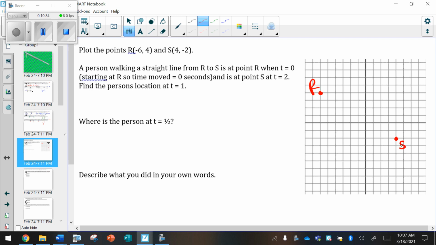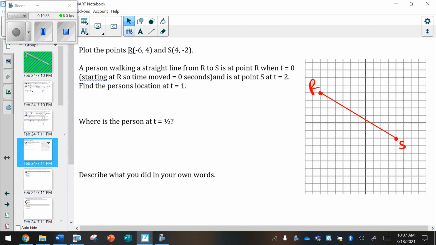A person walking in a straight line from R towards S is at point R when time is 0, and is at point S when time is 2. Find the person's location after 1 second. Well, this is pretty easy compared to some of the ones we've done before.